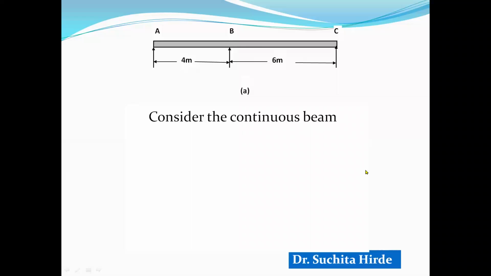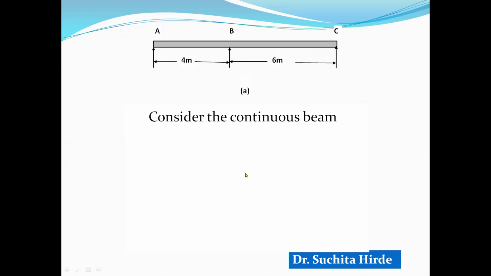If you want to understand basic concepts related to influence line diagram and what is Muller Breslau principle, then please watch my previous videos. So in this video, we will learn how to draw the influence line diagram for bending moment at B. For this, let us consider this beam.